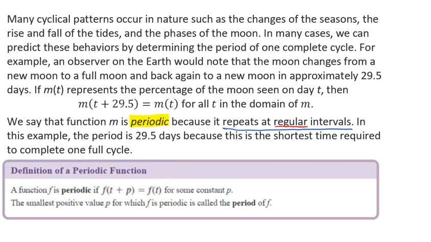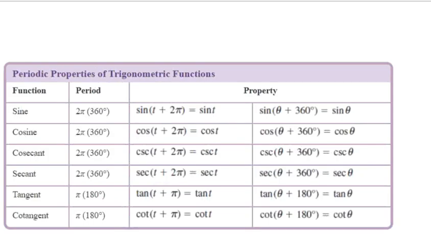Now, the period for sine and cosine functions, which are periodic, is 2 pi. And likewise, the reciprocal functions, cosecant and secant, are also periodic with a period of 2 pi. However, the period of tangent and cotangent functions is pi. And we can see that here.